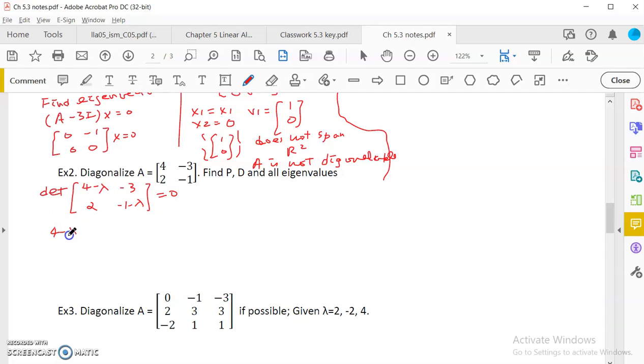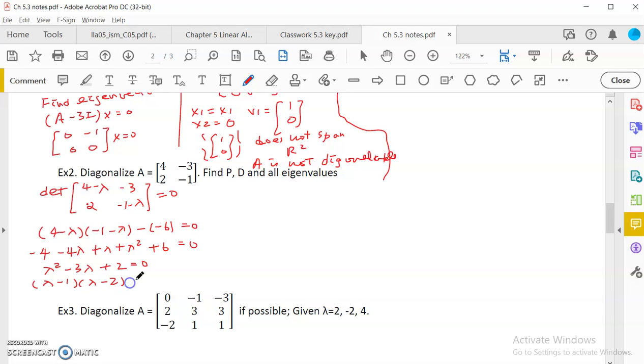That means (4 minus lambda)(-1 minus lambda) minus (-6) is equal to 0. It's 2 by 2, right? AD minus BC. Multiplied out, it's -4 minus 4 lambda plus lambda squared plus 6 equal to 0. Simplified, it's lambda squared minus 3 lambda plus 2 equal to 0. Factored, it's (lambda minus 1)(lambda minus 2) equal to 0, meaning lambda is 1 and 2.